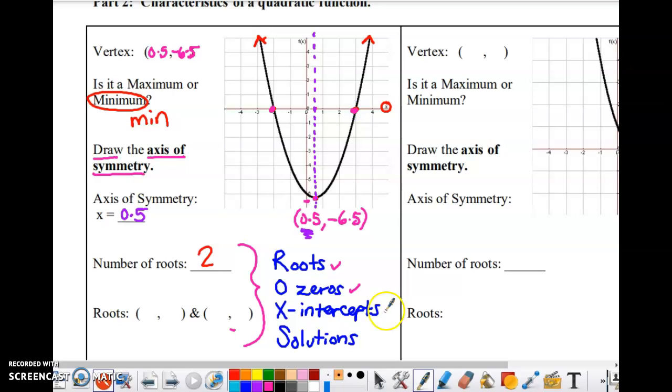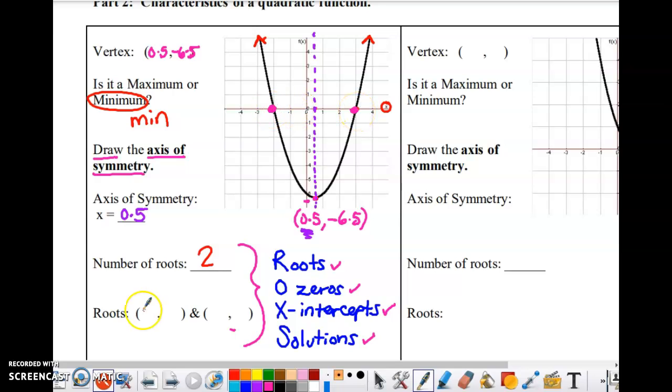How many x-intercepts are there? 2. How many solutions are there? 2. They all mean the same thing. So it doesn't matter how they ask it, they're asking for the same thing. So right here, my roots, zeros, x-intercepts, and solutions are at -2 and 3.